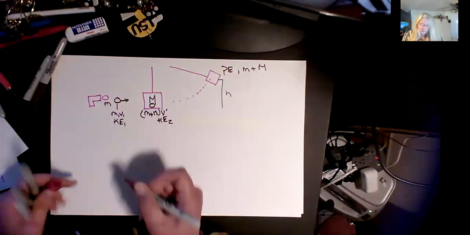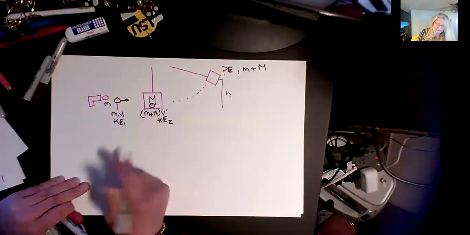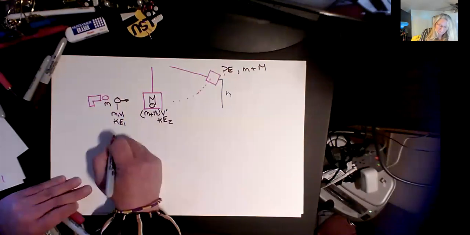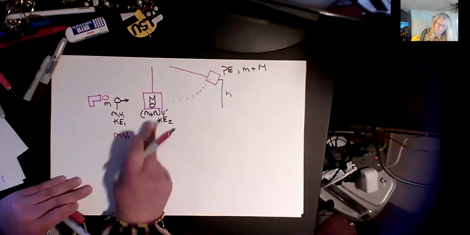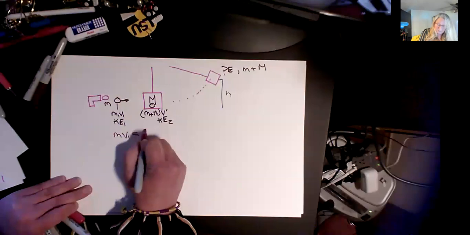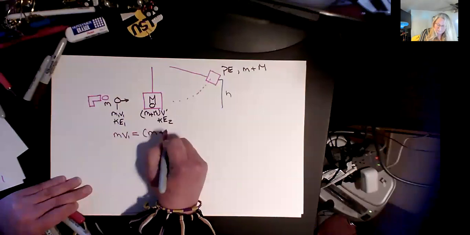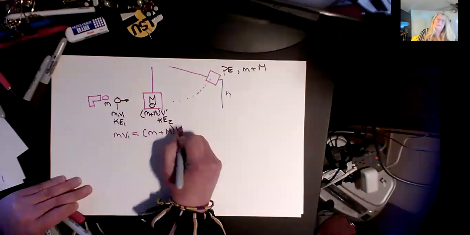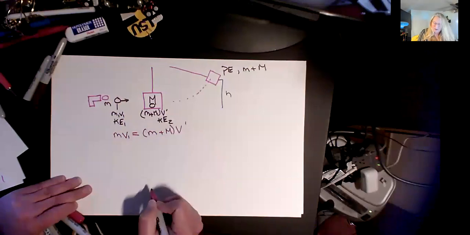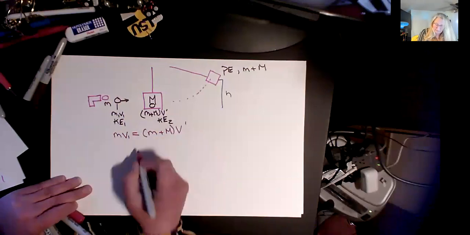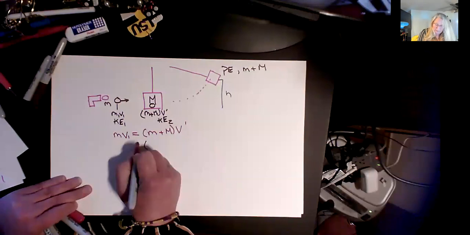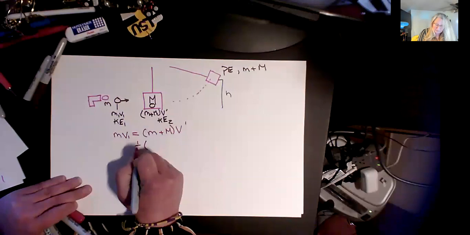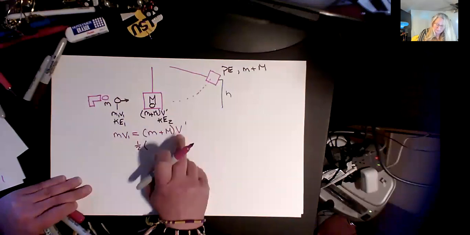So we can write this out as a series of equations. I can have little mass with its velocity equal to this combination of the masses and some final velocity. Then from the energy picture, I can say I have 1/2 mv squared. This thing is going to have some final velocity, the same as that.